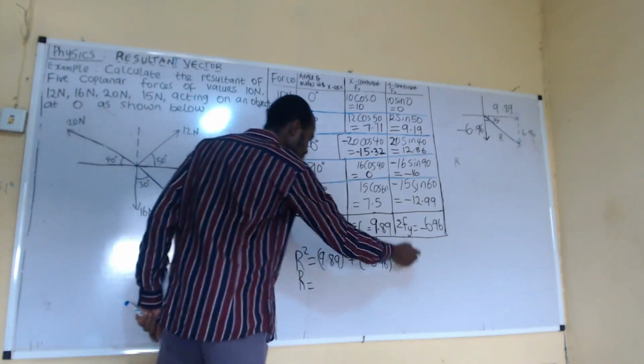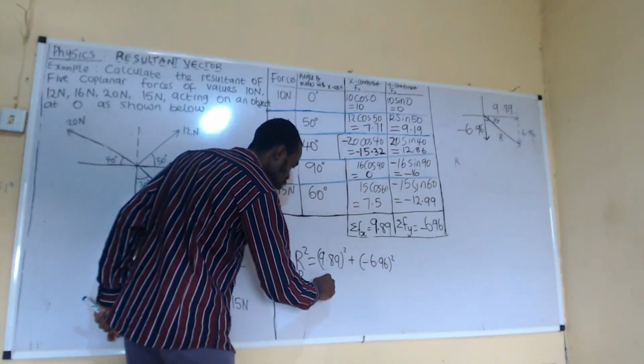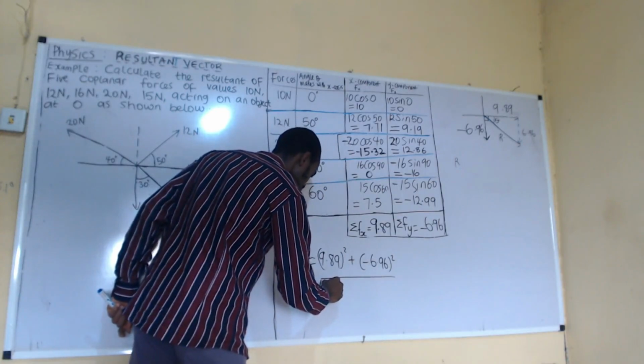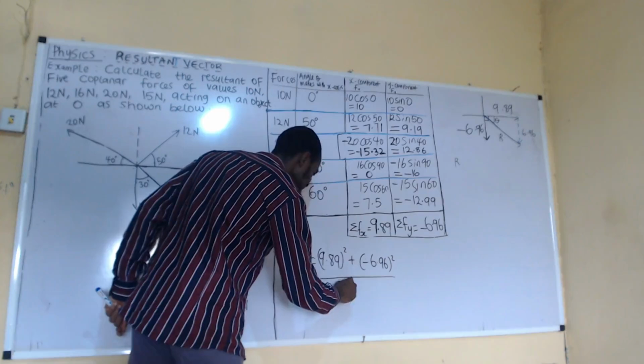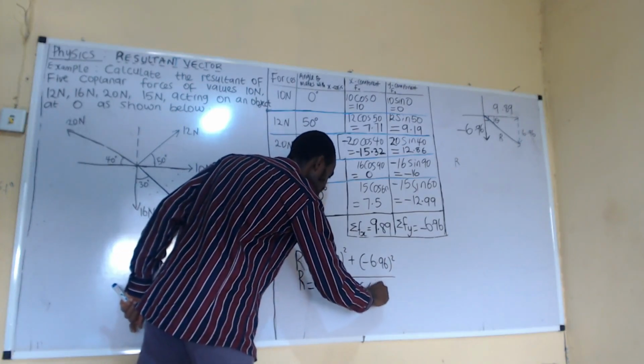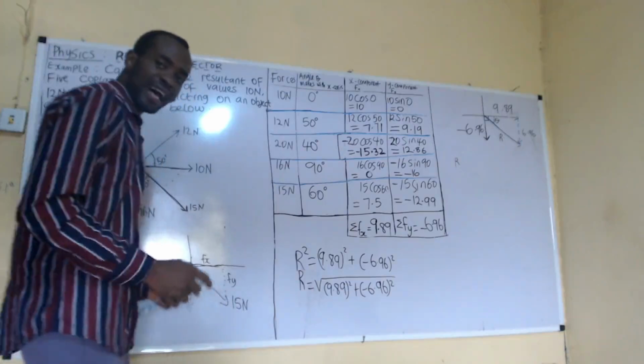So you square root everything. The square goes to the other side and becomes square root. Bracket 9.89 squared plus minus 6.96 squared. That is that.